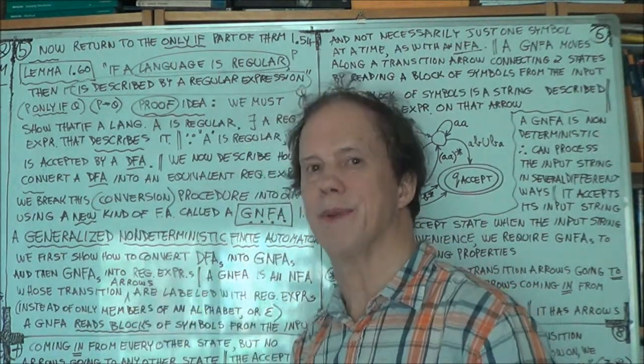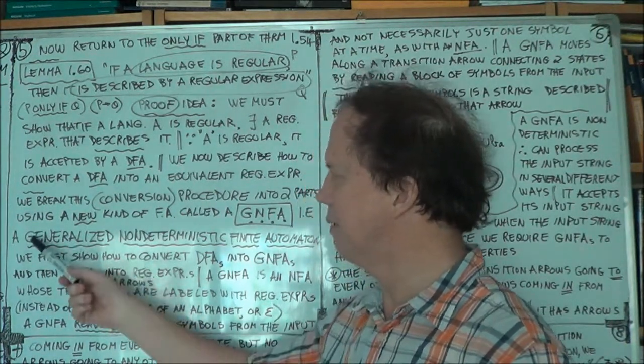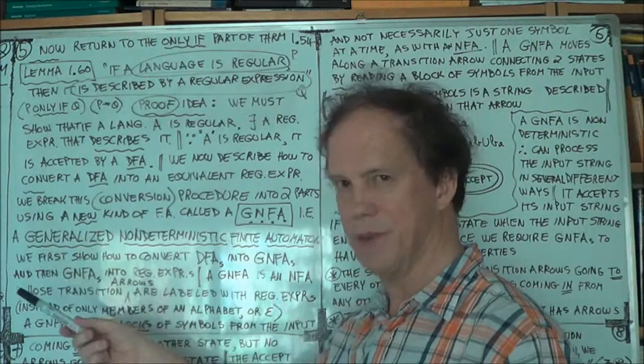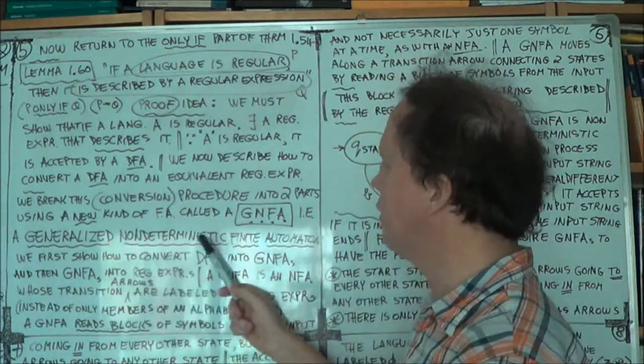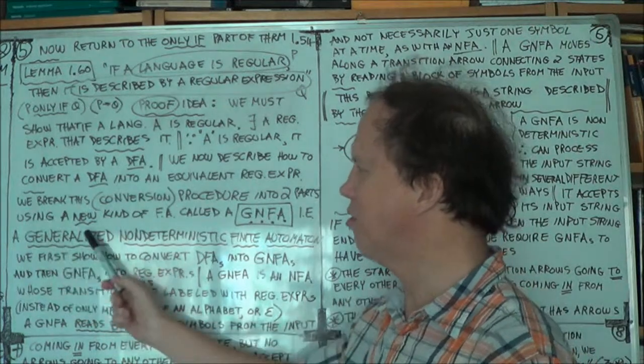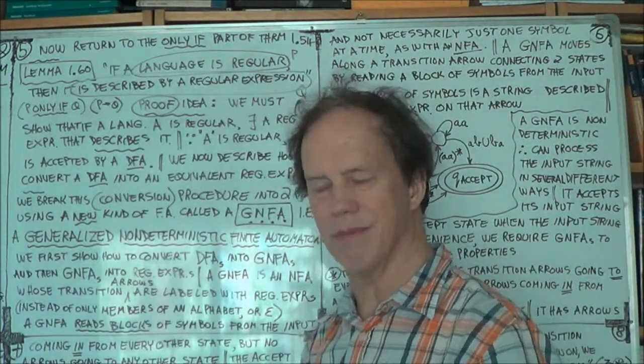We need new concepts. And in this session, I mentioned a couple of sessions back, that we'll introduce a new kind of NFA. Call it a generalized NFA. So we need to talk about how it works and so on.